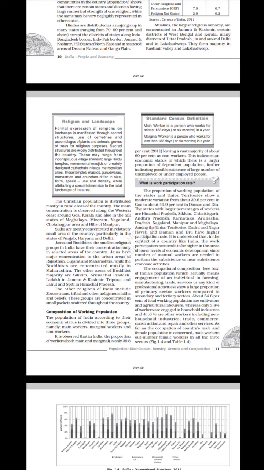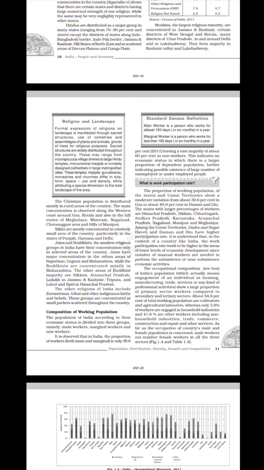Composition of working population. The population of India, according to their economic status, is divided into three groups, namely main workers, marginal workers, and non-workers. It is observed that in India, the proportion of workers, both main and marginal, is only 39.8% in 2011, leaving a vast majority of about 60% as non-workers.